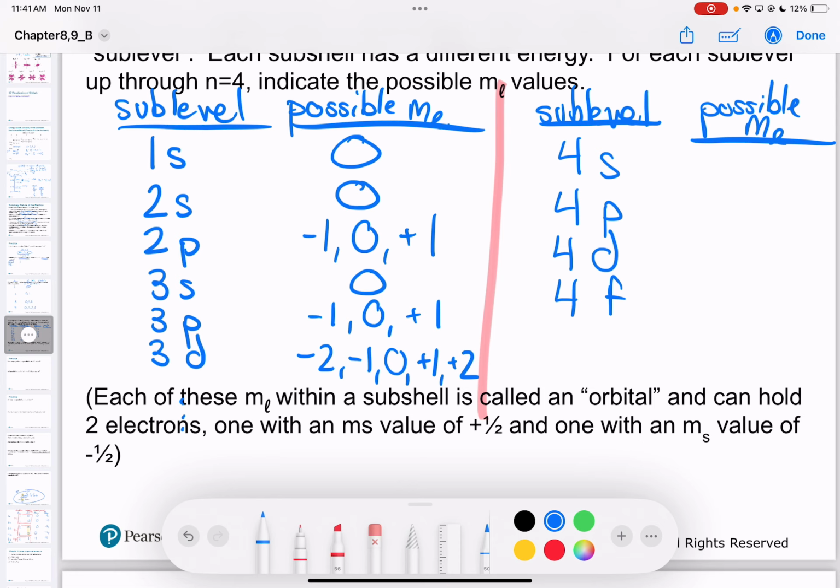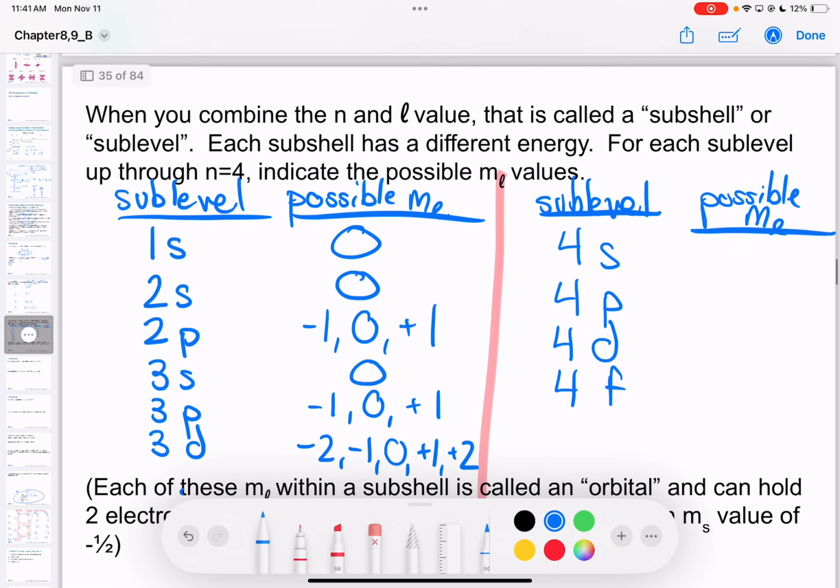Okay, so I'll finish the fourth one in a second. If you want to check these answers, though, feel free. So sublevel is n and l, but for the l, we use the letter. And then the M sub L, remember, is a range of negative l through positive l.